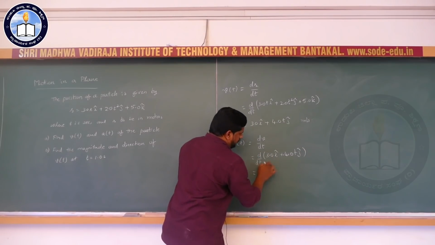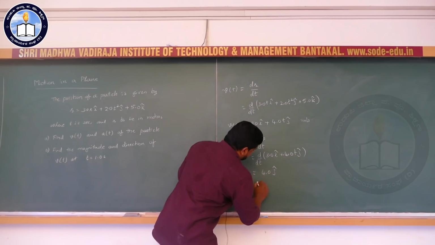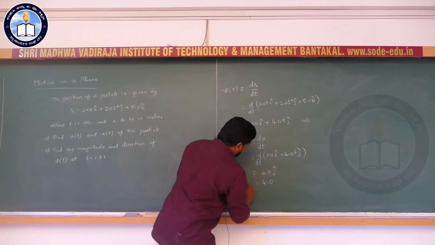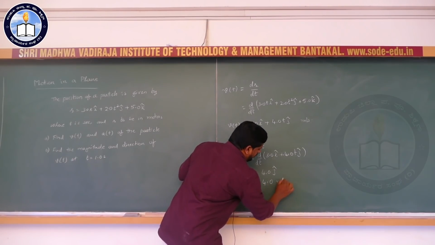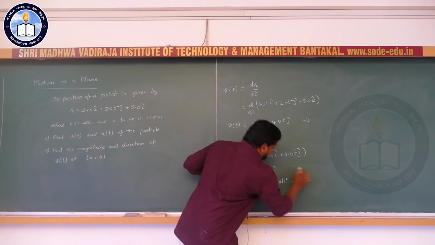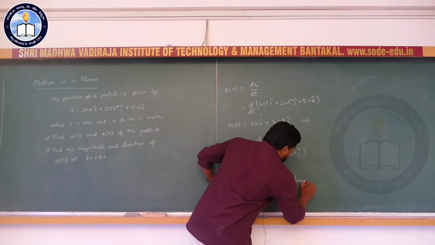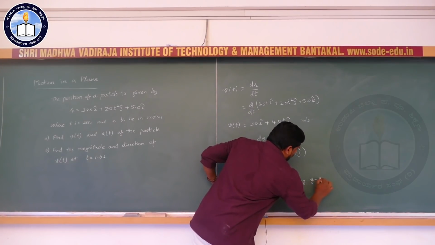The first term is a constant, so it is 0, and 4.0 dt by dt is 1, so 4.0 j cap. Or else you can say acceleration is 4.0 meters per second square along j cap. J cap is the unit vector along the y direction, so the acceleration is along the y direction.